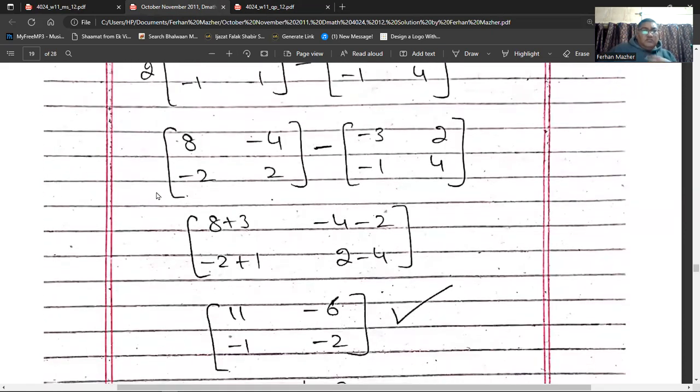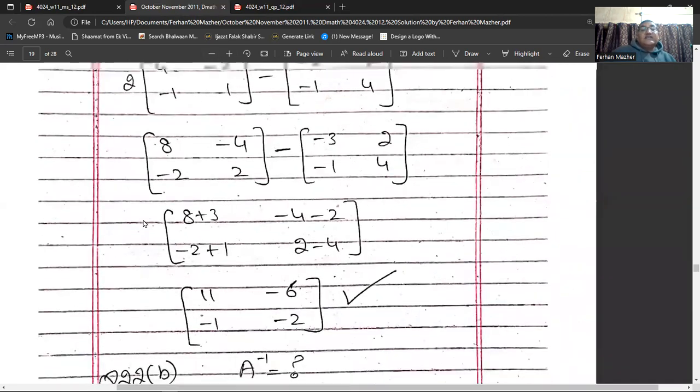So 8 minus minus 3 will become 8 plus 3, minus 4 minus 2, minus 2 minus minus 1 will become minus 2 plus 1, 2 minus 4. 8 plus 3 is 11, minus 4 minus 2 will be minus 6, minus 2 plus 1 will be minus 1, 2 minus 4 will be minus 2.